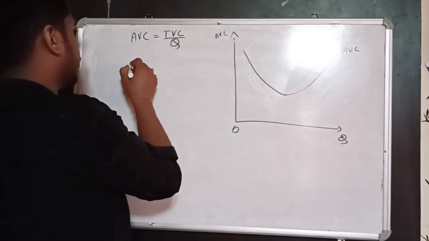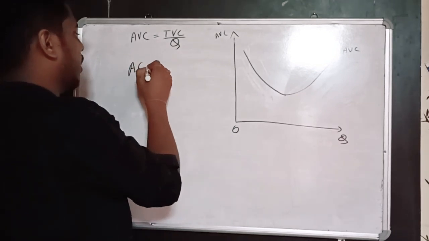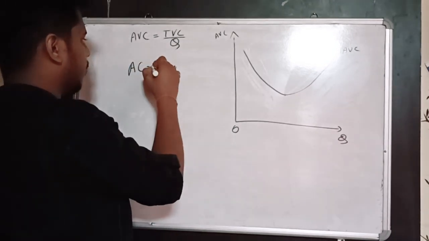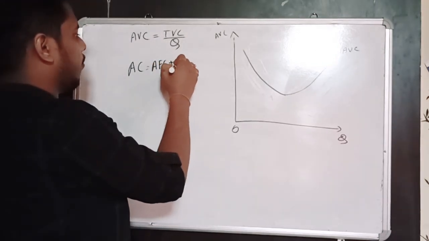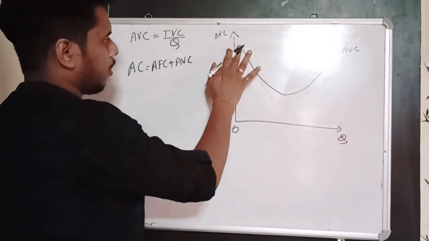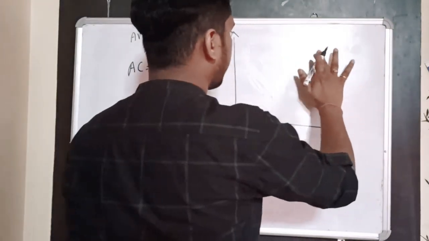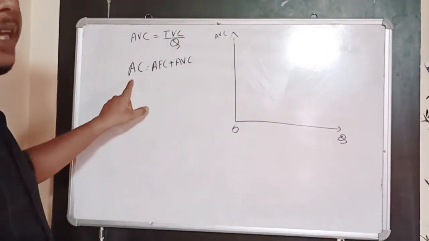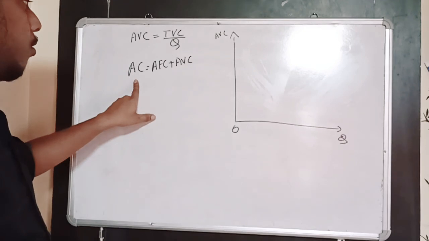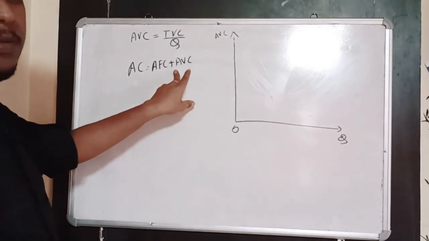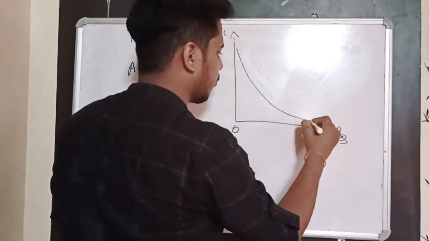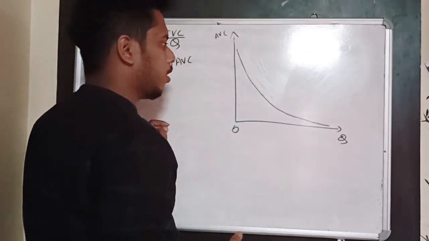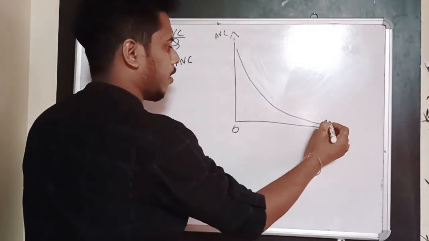Now let us discuss the shape of the AC curve. The AC curve, as we know, comes from adding average fixed cost with average variable cost. For drawing the AC curve, we first have to draw these two curves. First we will draw the average fixed cost curve, AFC, which follows the asymptotic property.